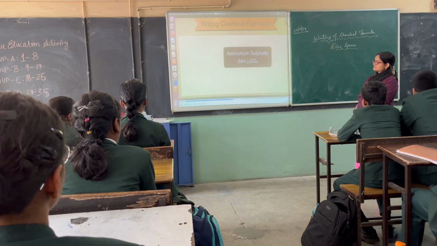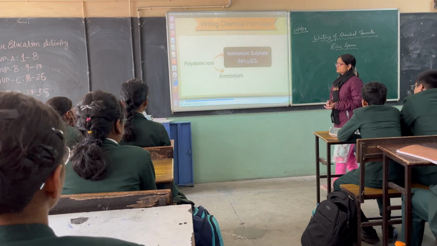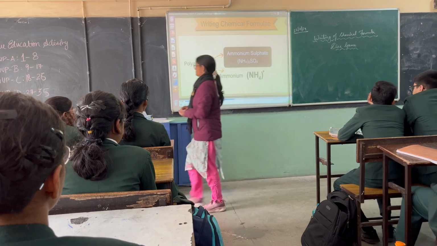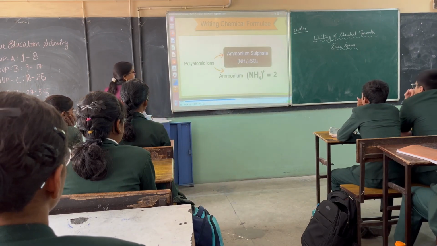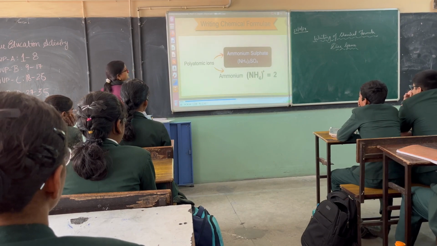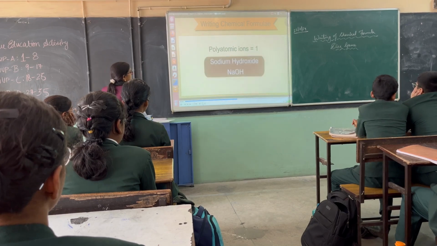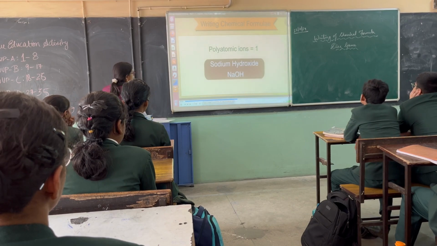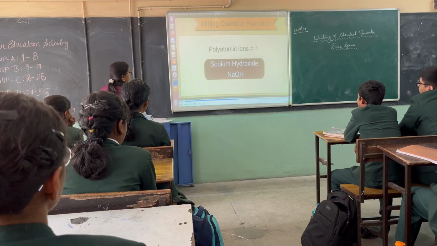Here, the number of polyatomic ions, ammonium NH4+, is 2, so we write it in a bracket. Similarly, if the number of polyatomic ions is 1, such as sodium hydroxide, NaOH, a bracket is not needed here.